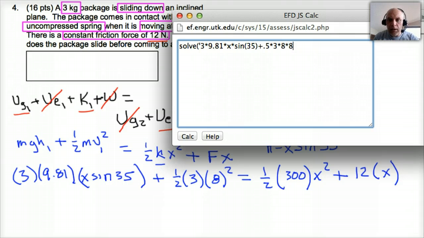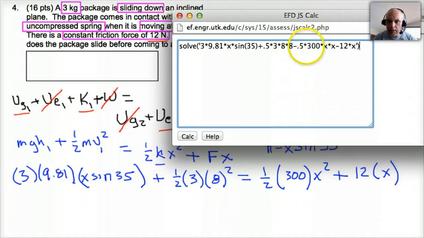If you didn't see the other video, this calculator does not have exponentiation, so I just multiply twice. Taking this over to the other side, minus 0.5 times 300 times x squared minus 12 times x. No implicit multiplication, you have to put the star in for everything.